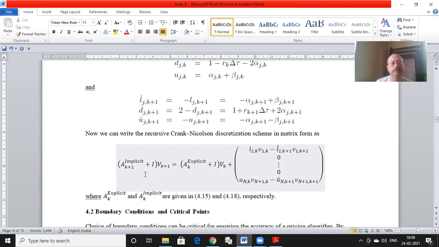I now have A implicit plus I times V_{k+1} written in terms of A explicit plus I times V_k plus the correction term. So what we will do is we will invert this I plus A implicit and solve for V_{k+1} in terms of V_k. And if you remember, again, I plus A implicit will be a tridiagonal matrix and order n computation. So we are good.